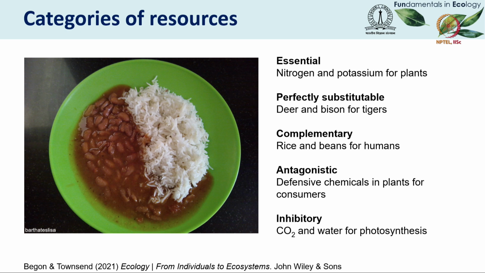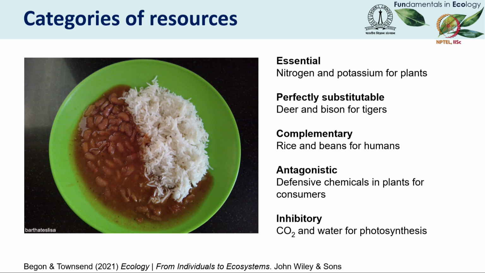Examples of this are, for instance, oxygen for us, nitrogen and potassium for plants. If nitrogen and potassium are not available, then plants are not going to be able to survive and reproduce and grow. So that's an essential resource. That's a resource without which there is no possibility of the occurrence of that organism. That organism is dependent on that essential resource.